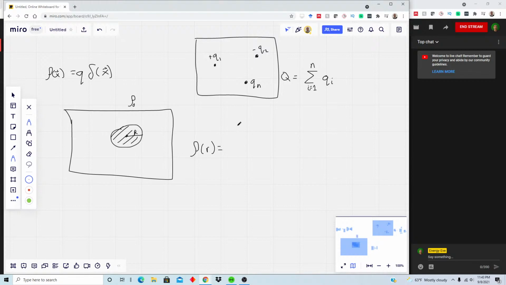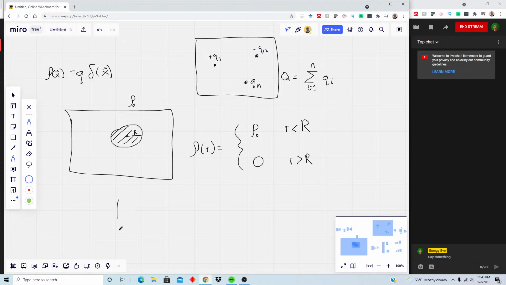They could give you this equation and say your density is rho naught when your r value is less than R, and it's 0 otherwise. So that's one way you could describe it.